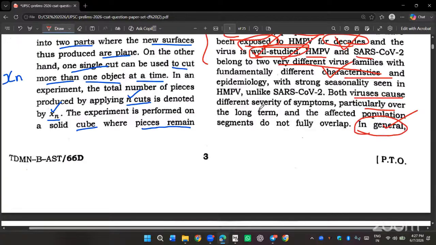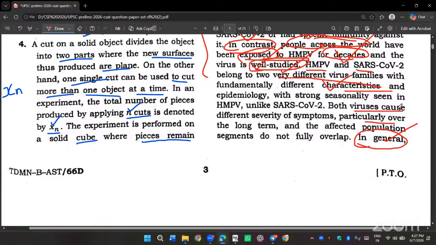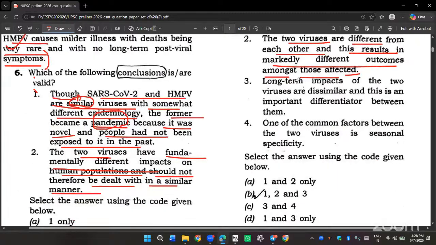Okay, anyway, here we come to this point. Both the viruses cause different severities of symptoms, particularly over long term. So the long-term symptom impact of the two viruses is different. This is an important differentiator between them.